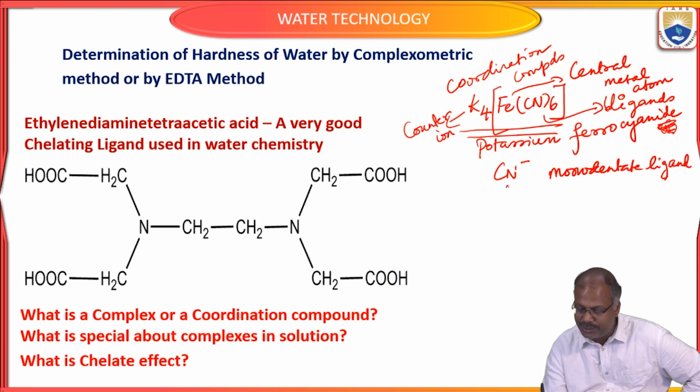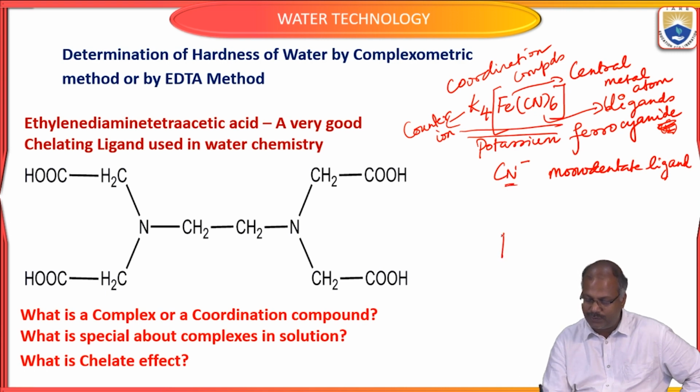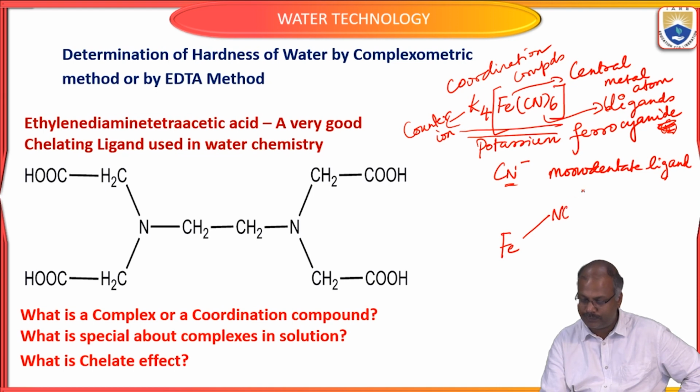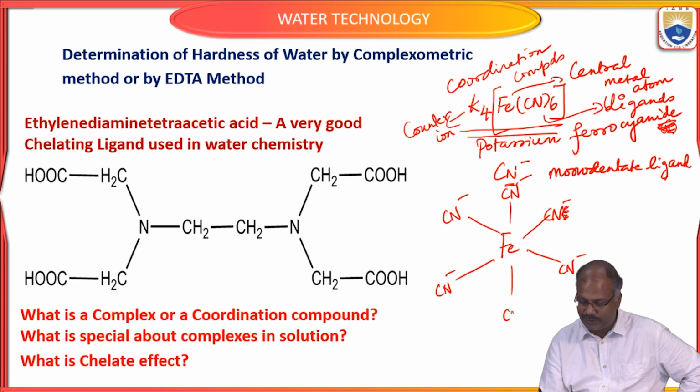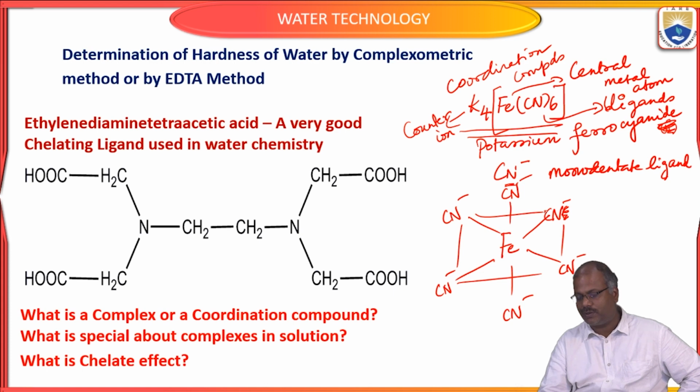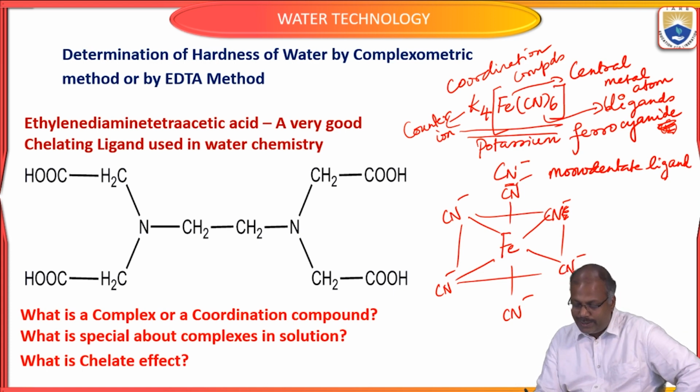For example, nitrogen here. So if you see the structure, this is the structure of the complex. The ligand donates electrons through its negative charge or lone pair, for example ammonia ligand through lone pair.